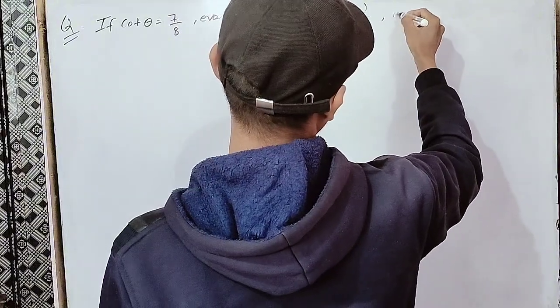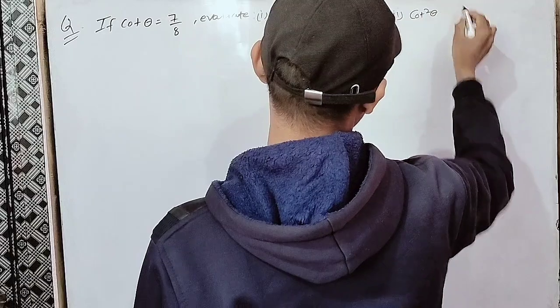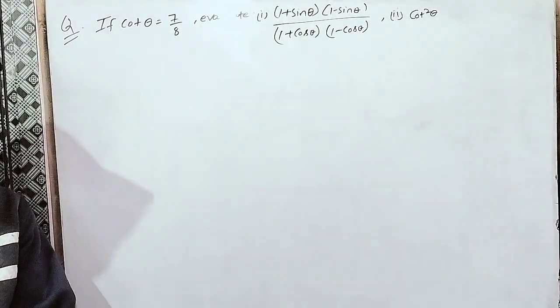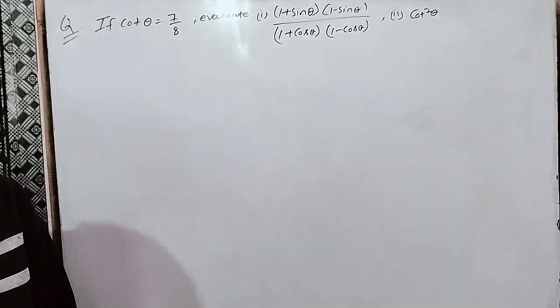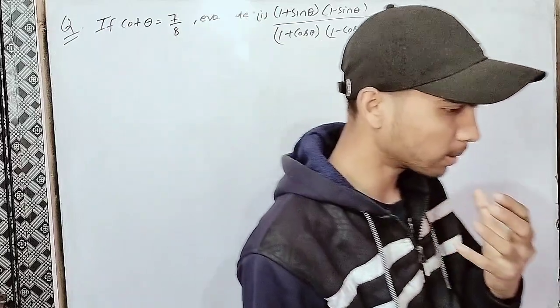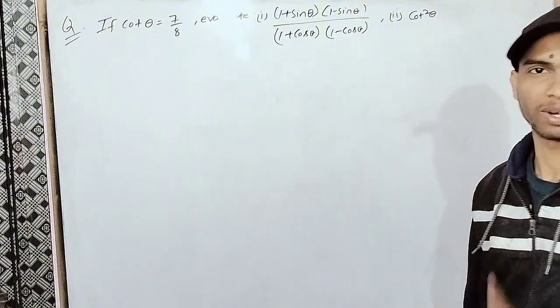Then second, cot square theta. Now, do you have any idea how to solve it? Just have a look and try to understand what the question is saying. What does the question want?